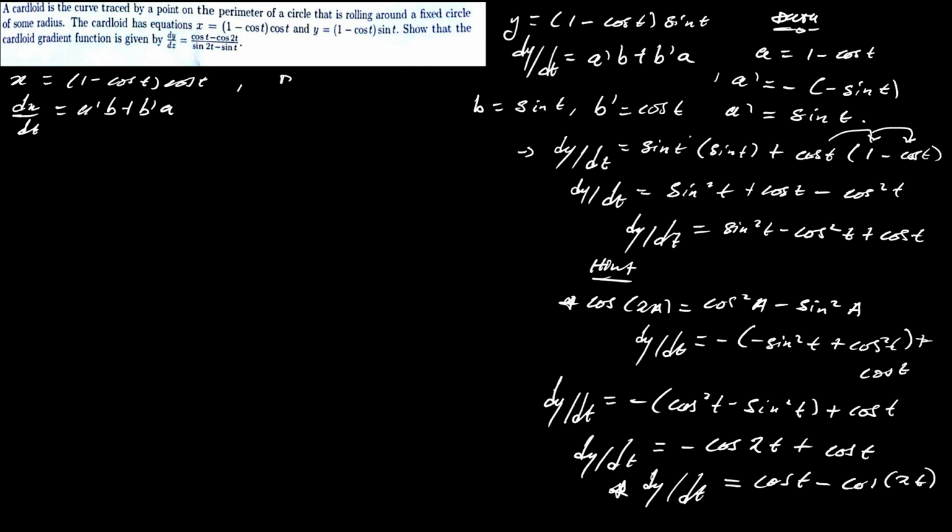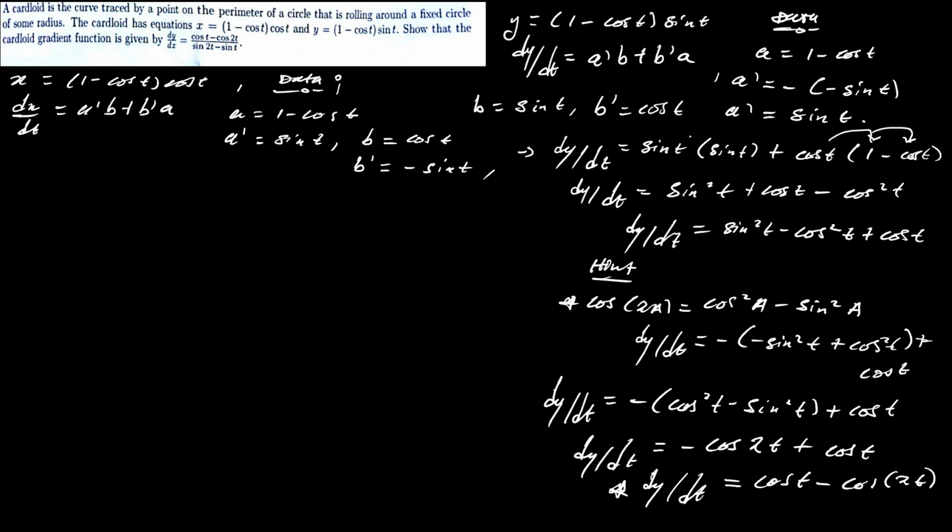We can say a is equivalent to 1 minus cos t, and a prime will be the derivative of 1, which we know is 0, and the derivative of minus cos t, which is sine t. Then for b, we have cos t, and b prime, the derivative of cos, is negative sine t.